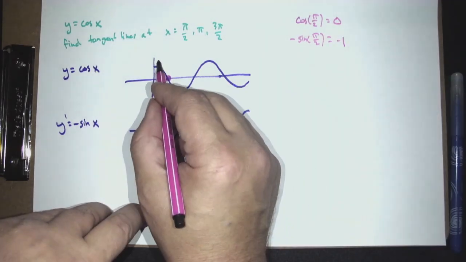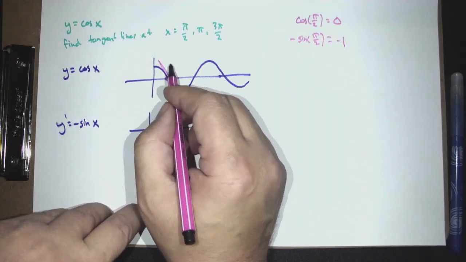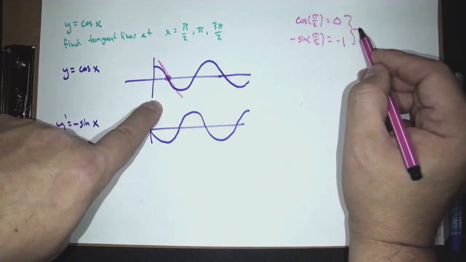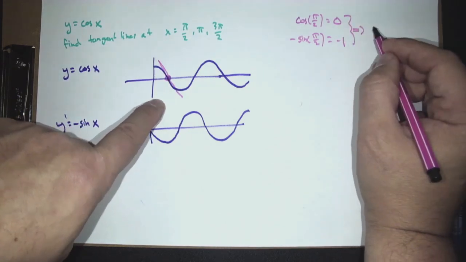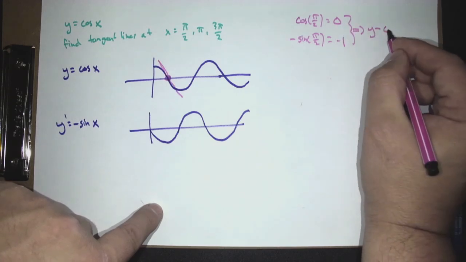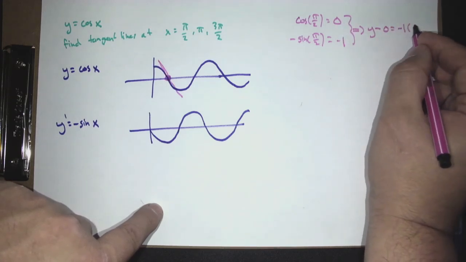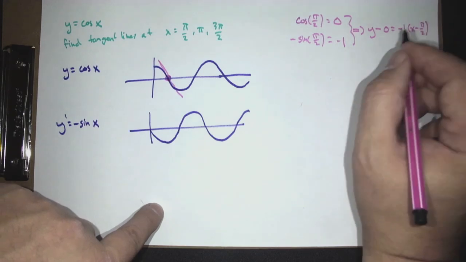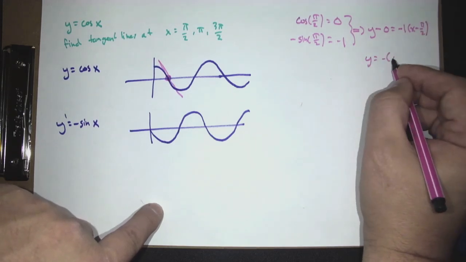So there's a slope here of negative 1. So once you have a point and a slope, you can write the formula. You say, okay, y minus your y value, 0, is equal to your slope, minus 1, times x minus your x value, pi halves. So y equals minus x plus pi halves.